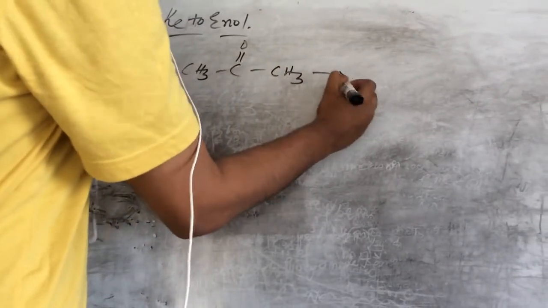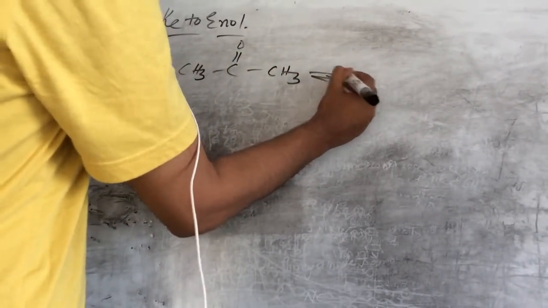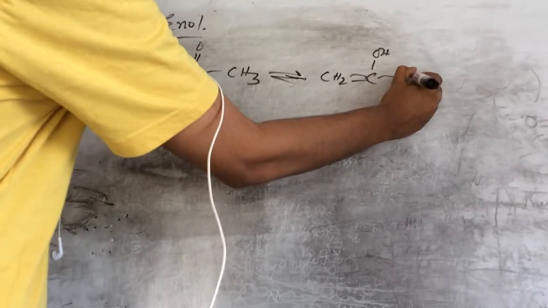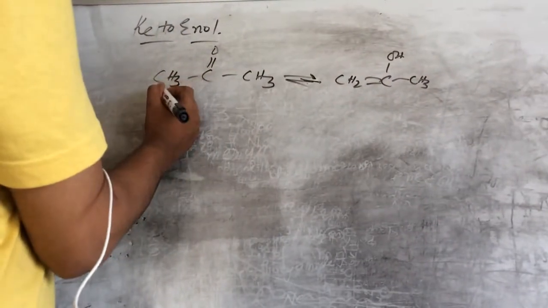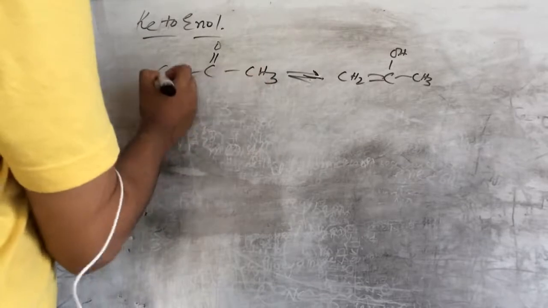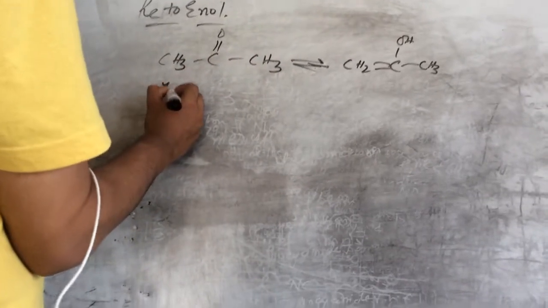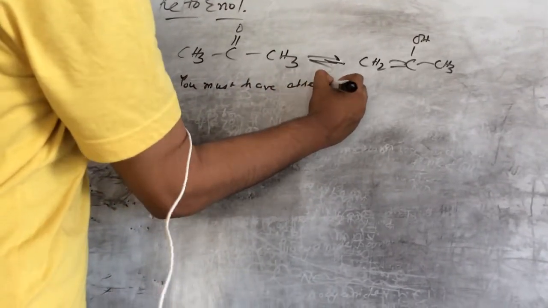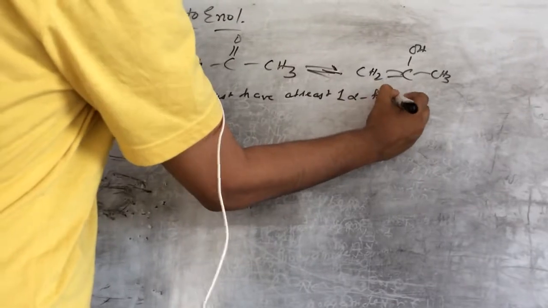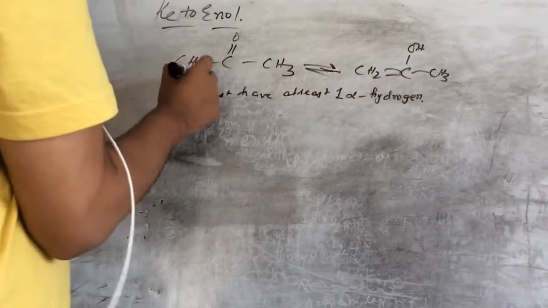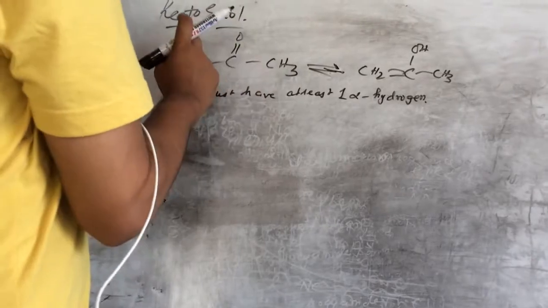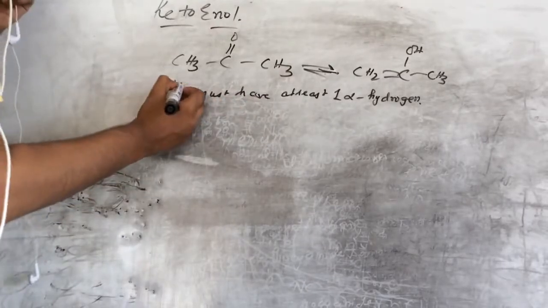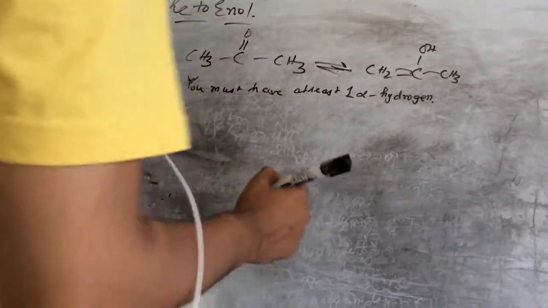For keto-enol tautomerism to take place, you must have at least one alpha hydrogen, that is, you must have at least one alpha carbon and at least one alpha hydrogen attached to it. So this is the basic need for tautomerism.